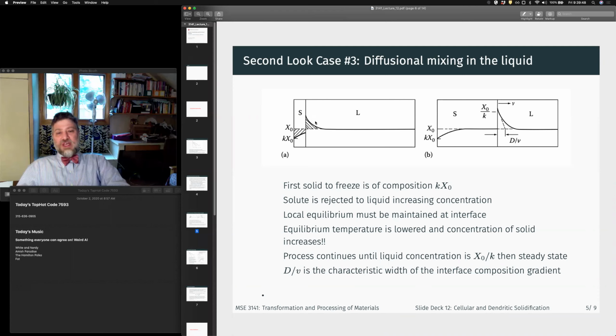The width of this is dependent on how fast the interface is growing and how fast the solute can diffuse away. So the width of this region is characterized by the diffusion coefficient in the liquid divided by the velocity of the interface. And the maximum point is our alloy composition divided by kappa, our partition coefficient. This is just the review of the situation we are looking at.